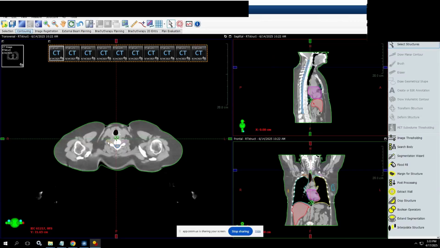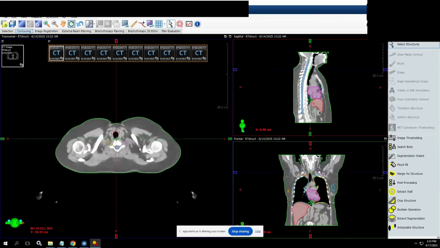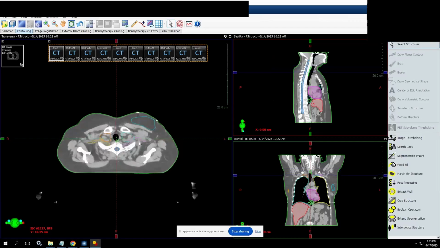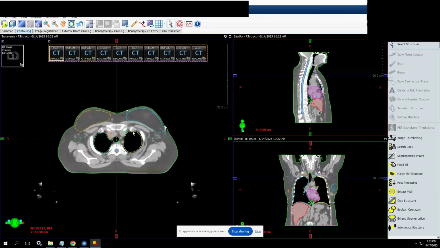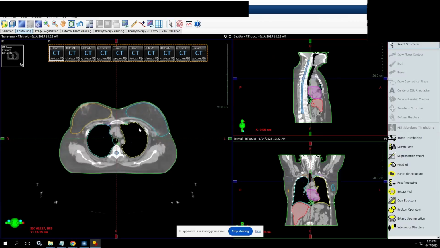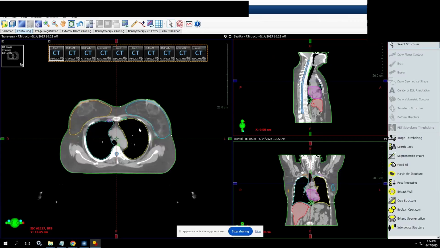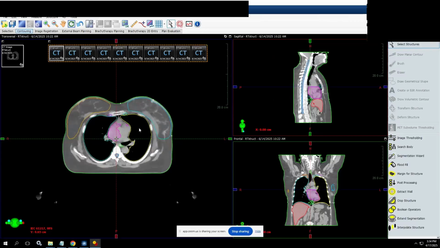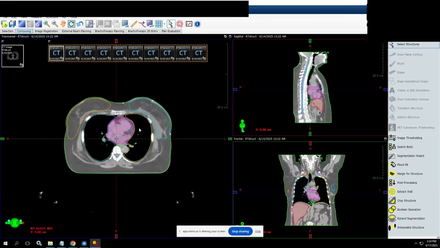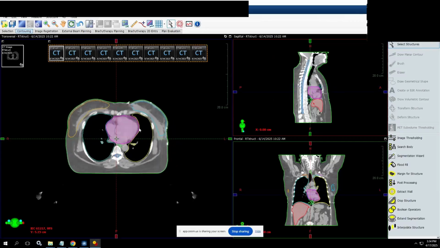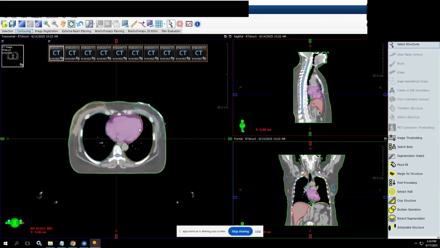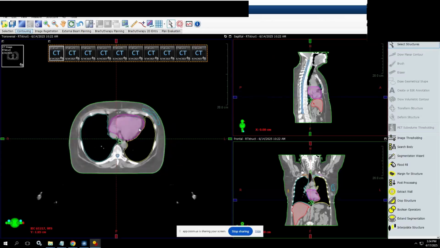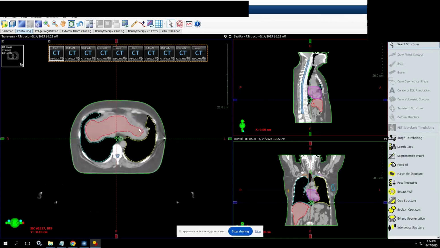Now let's go on to the breast model. This is a patient of breast cancer, and we can see that the brachial plexus are being segmented on both the sides, the SCF volume, the internal mammary nodal volume. The breast volumes on both the sides are drawn as per the latest ESTRO guidelines. You can see that the contours match the breast contours quite well, and this is because of the training dataset that we have used.